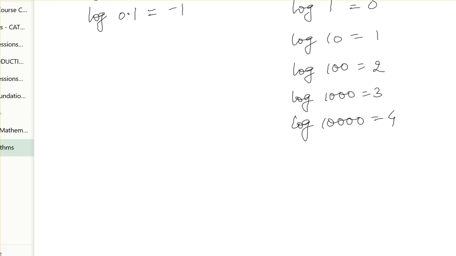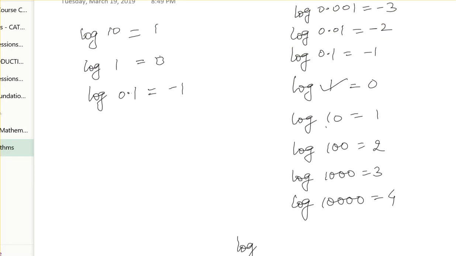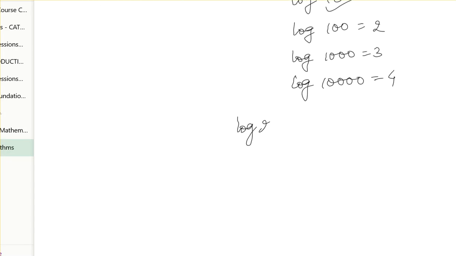But what about log, see, log 1 is here, log 10 is here. But what about log 2, log 3, log 4, and so on? What about these? If base is fixed, if base is given as 10 or e, there are logarithmic tables and also scientific calculators which give us the value of log at these inputs.